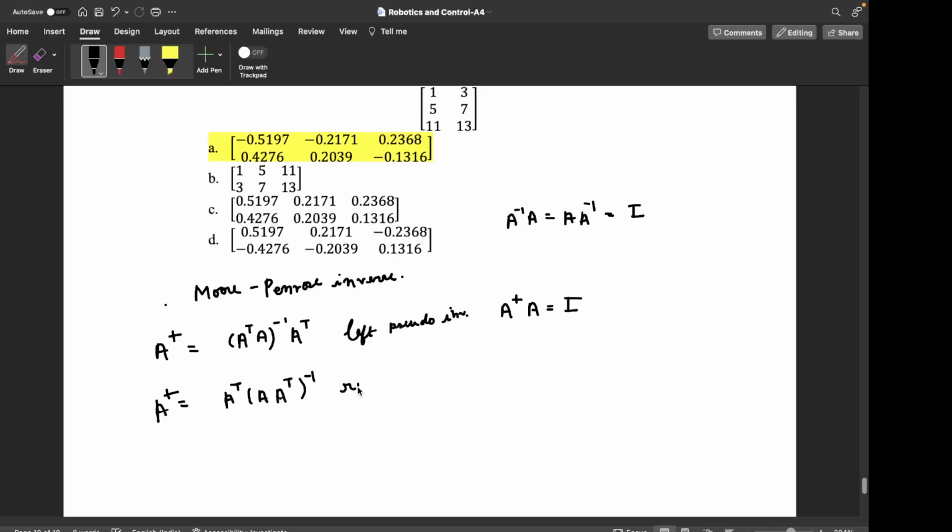This is the right pseudo inverse, and in this case only A times the pseudo inverse will be identity. In this case the other one will not be identity, so we have to be careful with that. And one more point to note is that A need not be square. A can be any rectangular matrix.